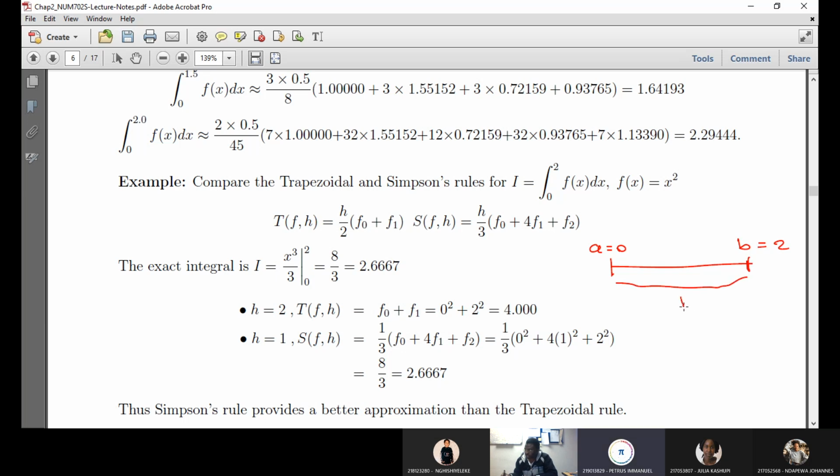So this will be our H for the trapezoidal rule. That is 2. Now for Simpson rule, we know that we need 2 sub-intervals. So if I take 2 steps of equal length to reach B, it means that there will be a point here.